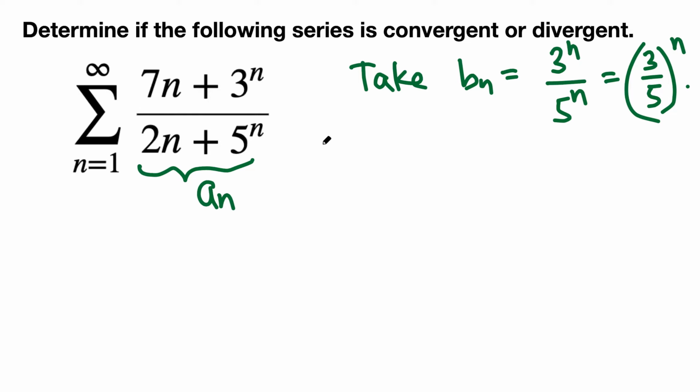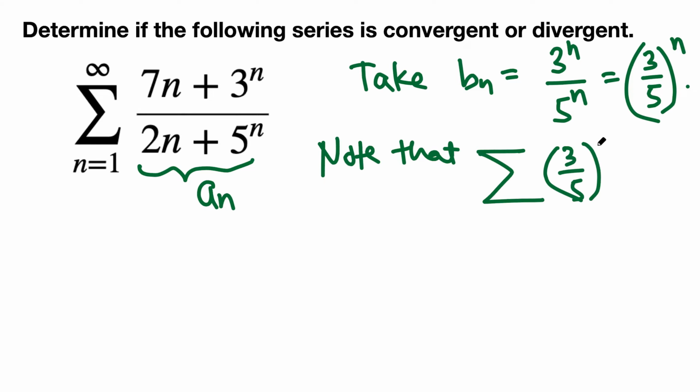Now we know that this series b_n, which is (3/5)^n from n equals 1 through infinity, converges, because this is a geometric series with common ratio 3/5, whose absolute value is less than 1. As long as the absolute value of the common ratio is less than 1, the geometric series converges. So note that this converges.